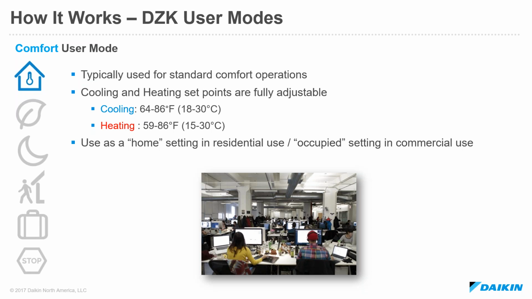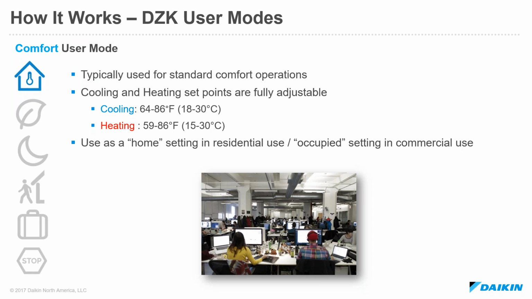It allows the configuration of a cooling set point anywhere from 64 to 86 Fahrenheit, and a heating set point anywhere from 59 to 86 Fahrenheit. And really the thought here is, in a residential use for the DZK, this is basically like a home setting: I'm back at home, broadcast this setting to all of the zones in my home. In a commercial use, this is really more like an occupied setting.